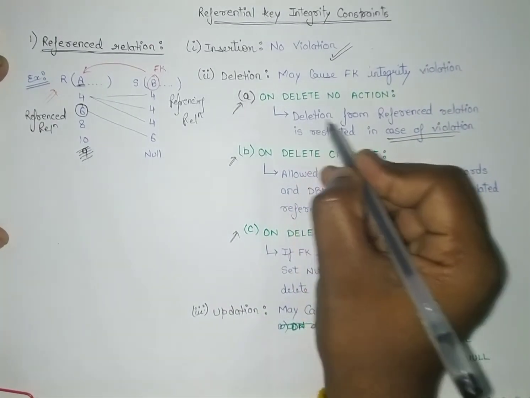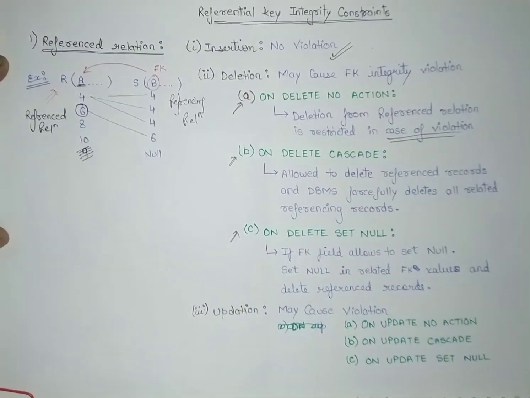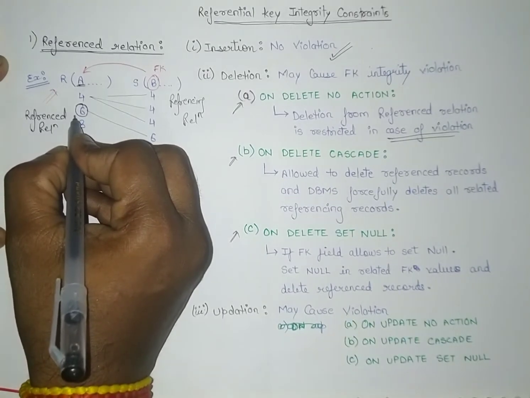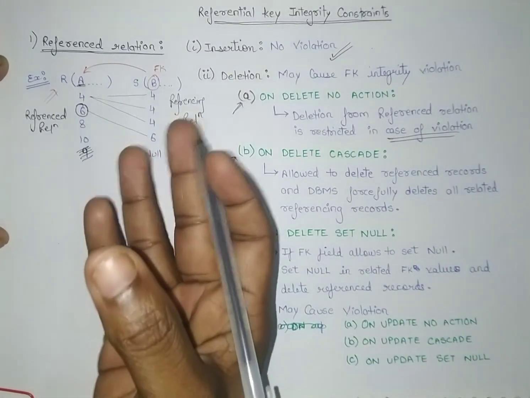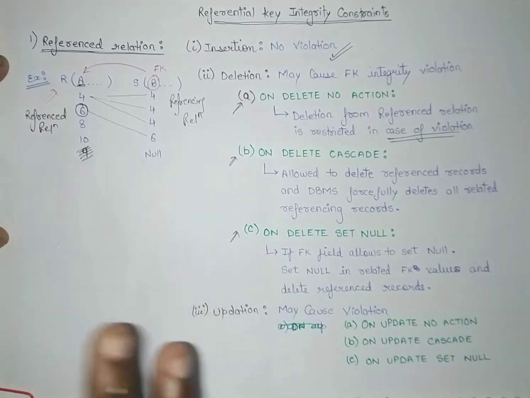Deletion from the referenced relation is restricted in case of violation. If I try to delete 6, that will pop up an error that it is restricted or not allowed, right?